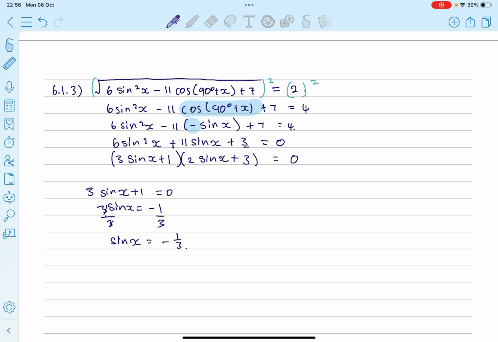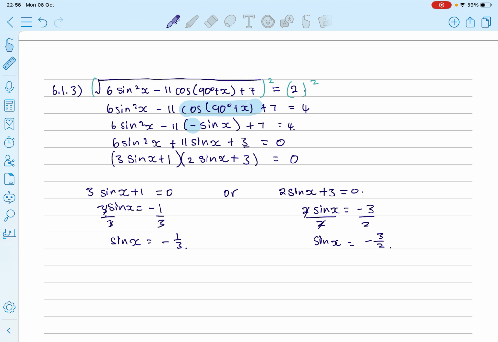Let's look at the other bracket, 2 sine x, and this will be plus 3 is equal to 0. 2 sine x is equal to negative 3. Divide both sides by 2. We've got sine x being equal to negative 3 over 2.